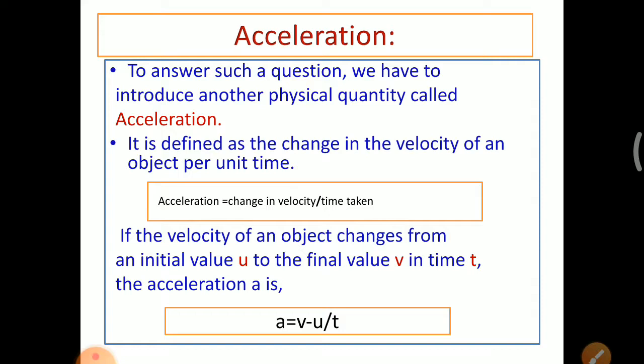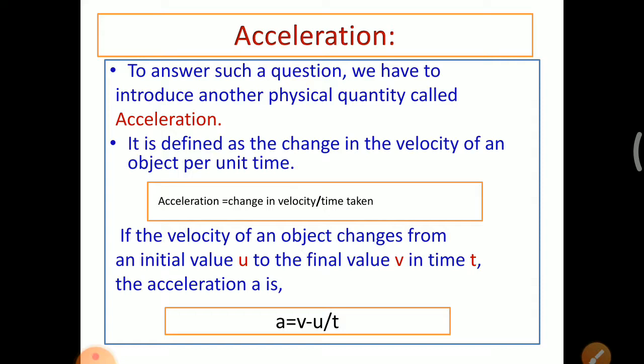But after a particular time, the speed and velocity of the vehicle change. Due to this change in velocity, the acceleration term occurs. So acceleration equals v minus u by t, where v is the final velocity of the body, u is the initial velocity, and time is t.